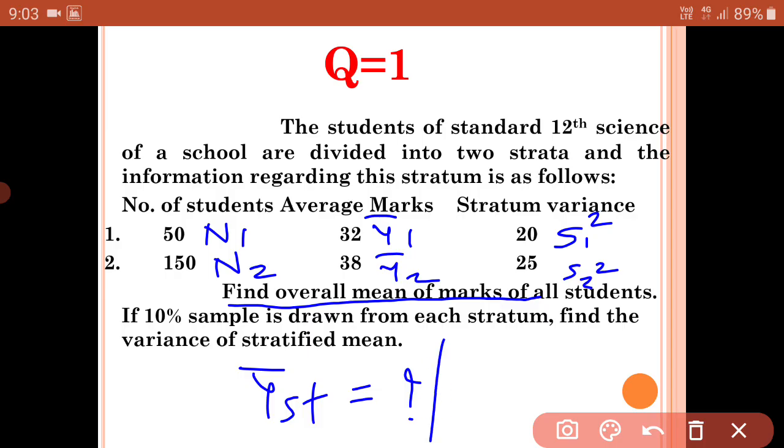Here 10% is given, so 10% of 50 gives small n1 is 5, and small n2 is 10% of 150, which gives 15. So this is your final symbol list. Always write the symbols first when a question is given, so the question can be calculated easily. Now write down your symbols in your notebook.